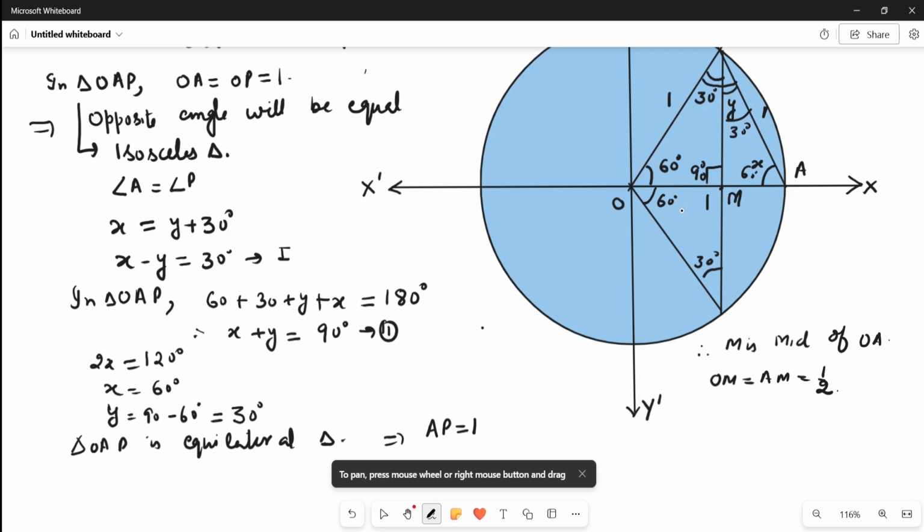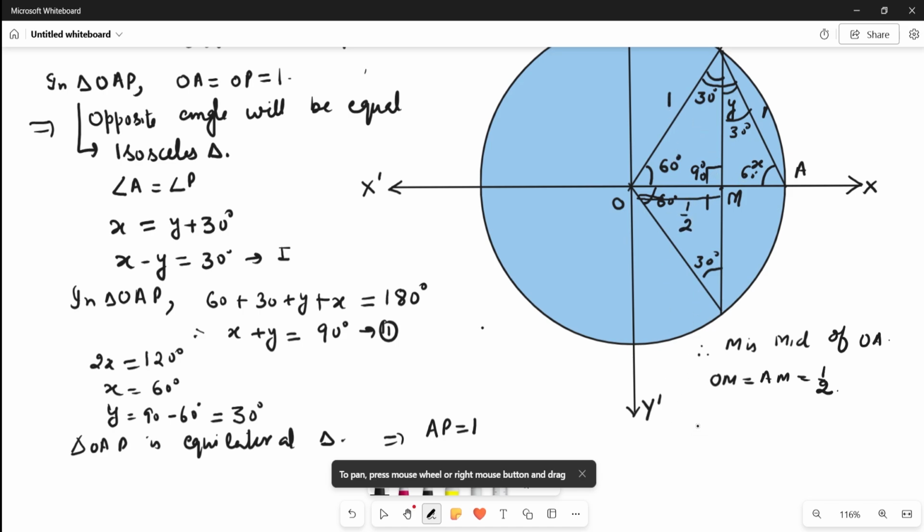So this length is 1 upon 2 and this is 1.